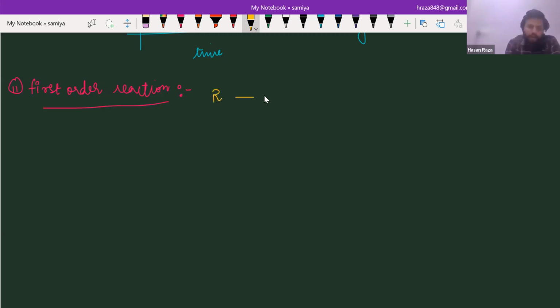If I'm going to write the rate, that will be equal to minus d of R upon dt, and that will be equal to k into R raised to the power 1. You know that rate will be equal to minus d of R upon dt, and also rate will be equal to k into R raised to the power 1. That denotes it is a first order reaction.